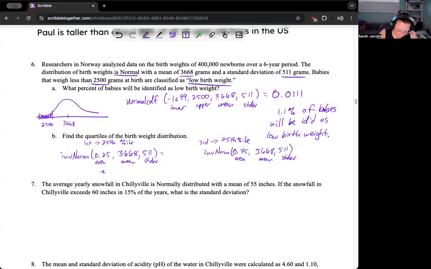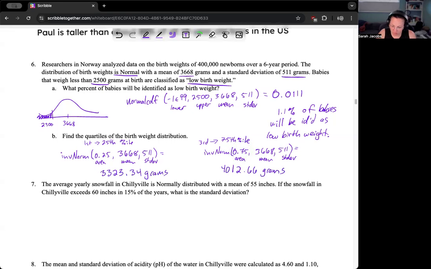So this is going to be 3,323.34 grams, our 25th percentile, our first quartile. And then to get our third quartile, our 75th percentile, we run the same thing, but change that to 0.75. And that is 4,012.66 grams.